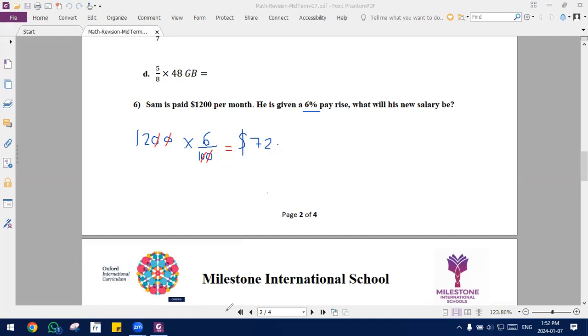So 72 is the extra amount. So this is the raise of 6%. Now, how do I find his new salary? I do the original salary 1,200 plus 72 equals $1,272. So this is his new salary.